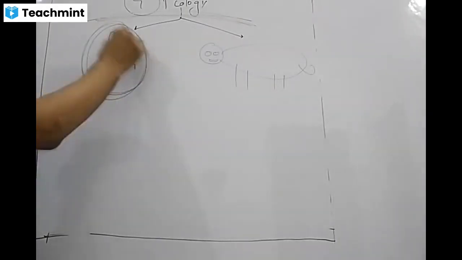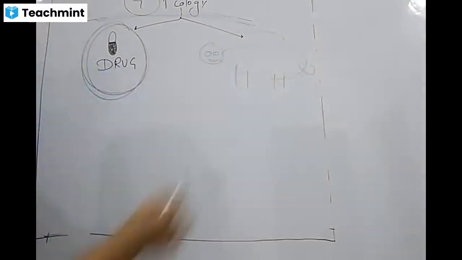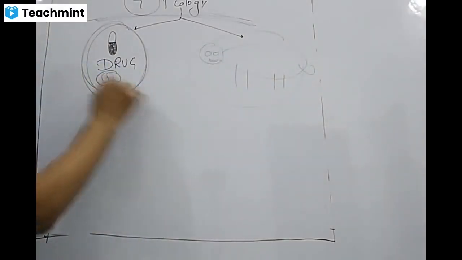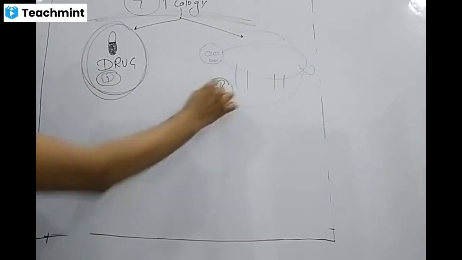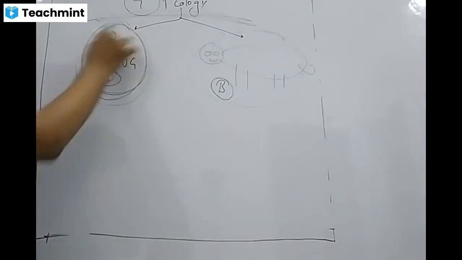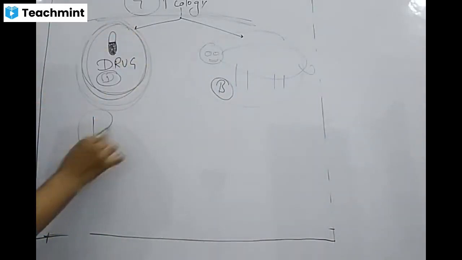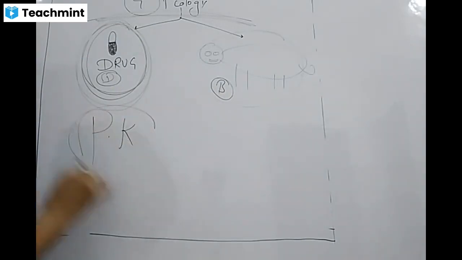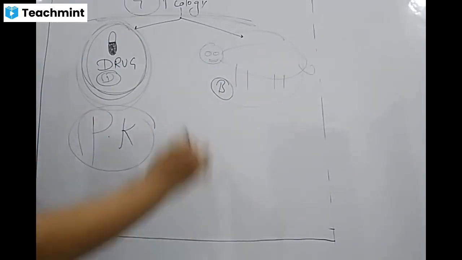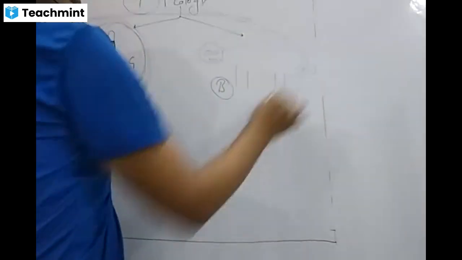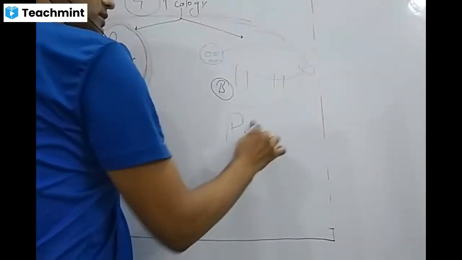So this is the drug and this is the body. There are two things, drug and body. What happens with the drug, we call pharmacokinetic, PK. And everything which happens with the body, we call pharmacodynamic.